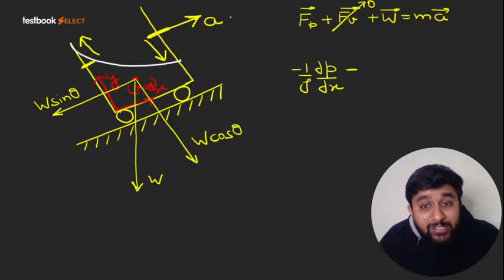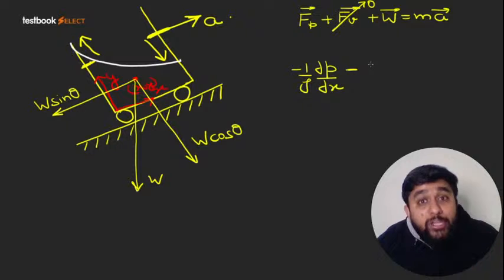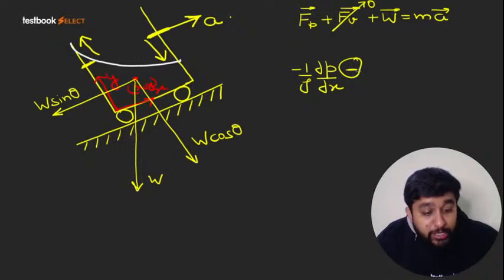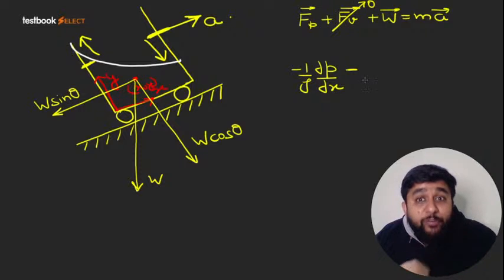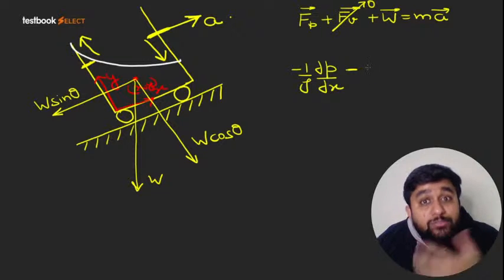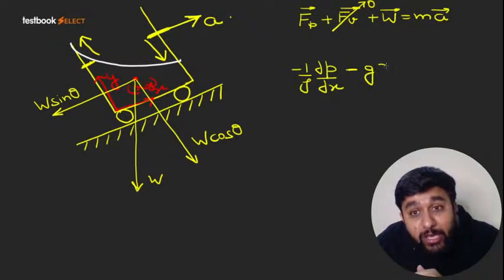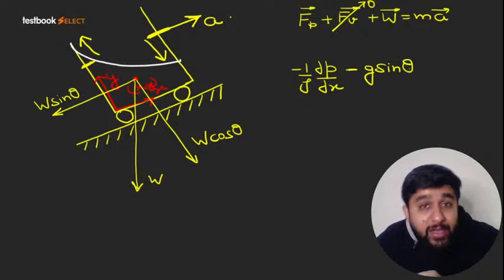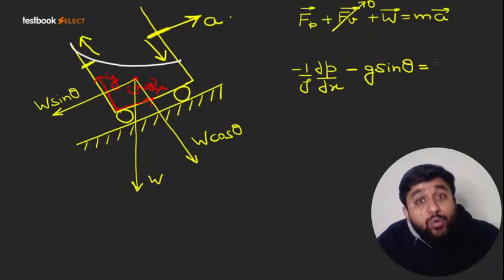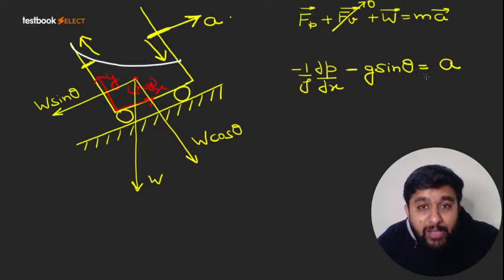So along the x direction, the weight component is mg sin theta. Definitely it is negative because it is along negative x. And we write every force per unit mass. So mg sin theta by m, that will be minus g sin theta, is equal to acceleration along x. Now acceleration along x is a, and we are writing the equation per unit mass.